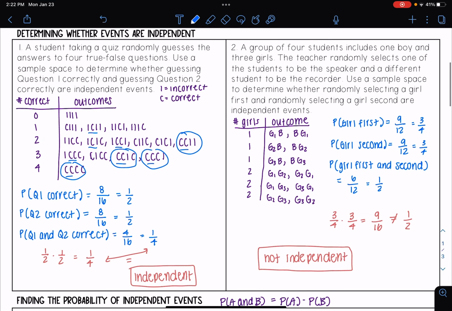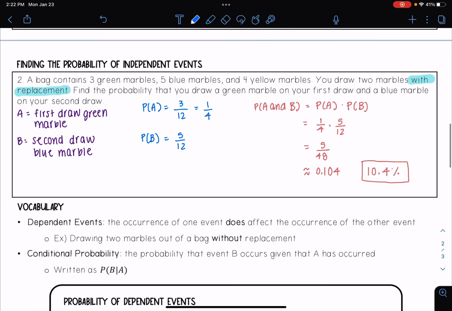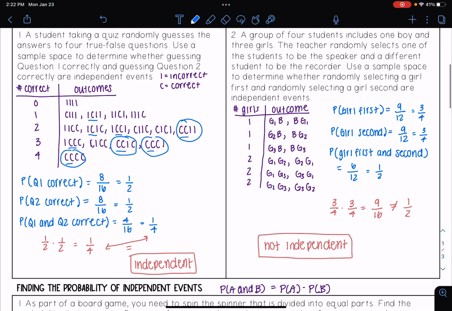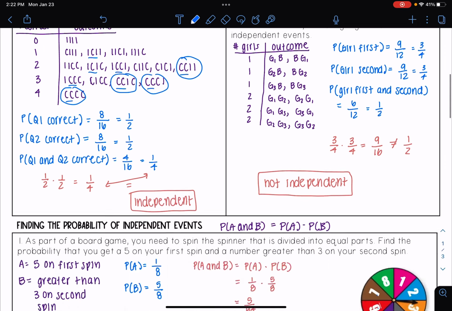Looking at my sample space here, that's going to be these 6 options right here where the girl is first and second. So that's 6 different options out of 9. I get the 9 because there are 3 more options here where the girl is first and instead the boy is second.